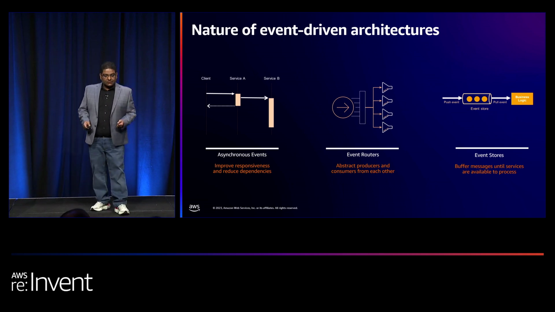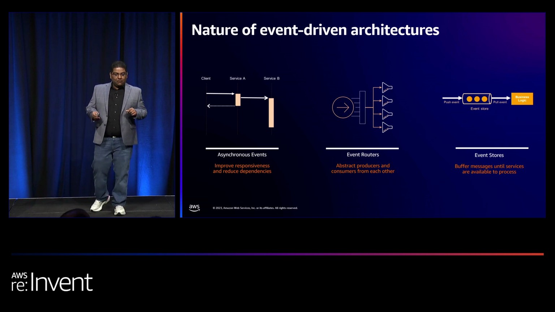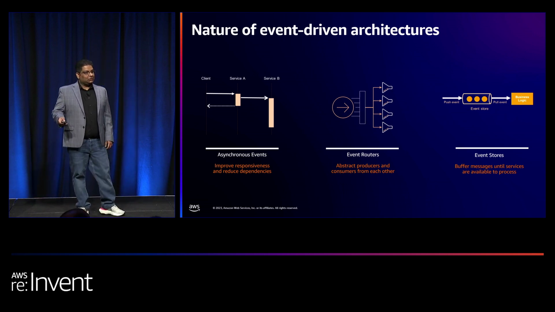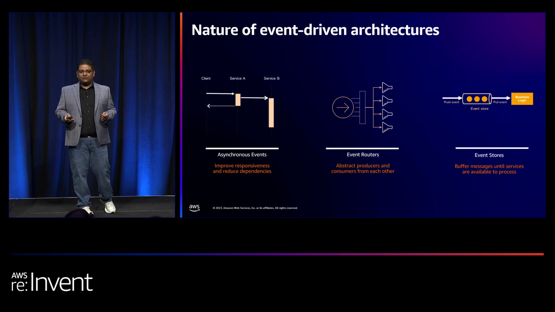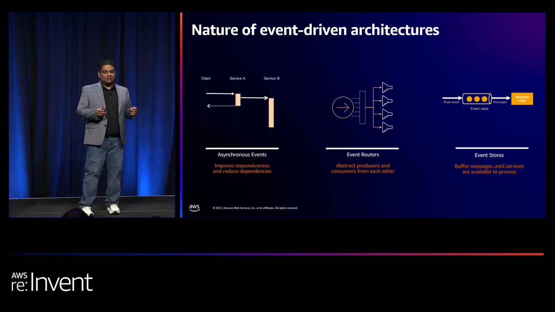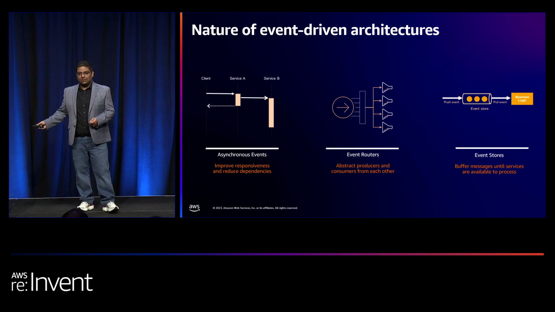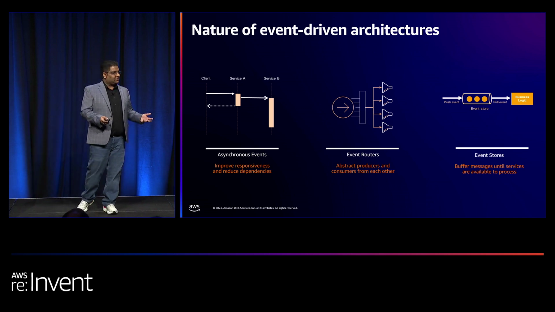And most importantly, when you have spiky workloads, or when you have a producer who is producing events in a larger spike, you need some kind of event store at the consumer side to make sure that it doesn't overwhelm the consumers. So think of queues as an example.